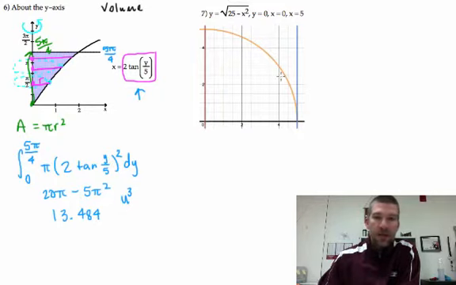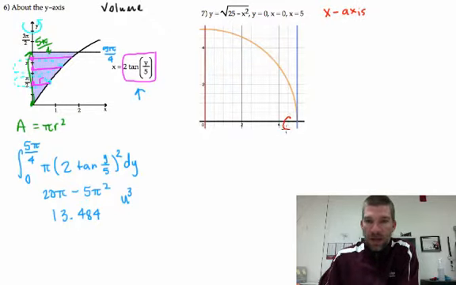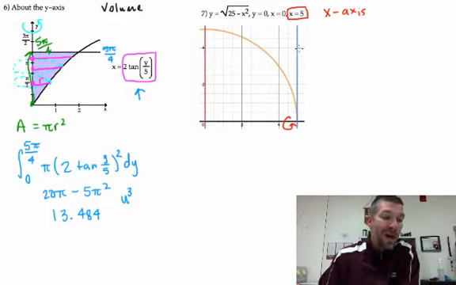The next question then has us rotating around the x-axis. That's what's in the instruction, which you don't see. So if we rotate around the x-axis, we're going to rotate this way. This line is not necessarily needed unless we're told to rotate around that line, but we're not. We're just told that these are our boundaries. So on this one, what we're looking for is right in here. We're going to take this area right here and rotate it around the x-axis.